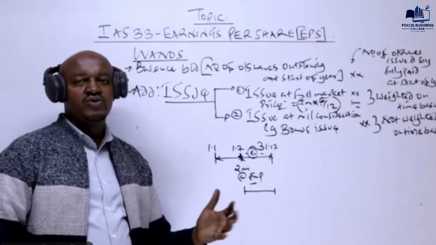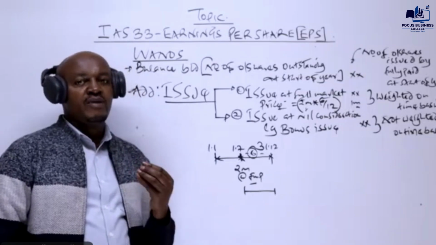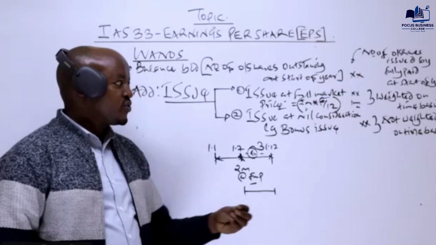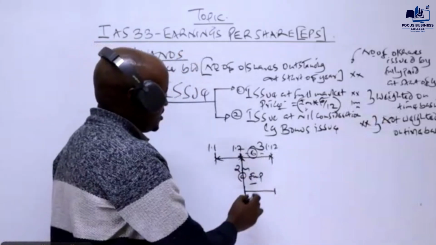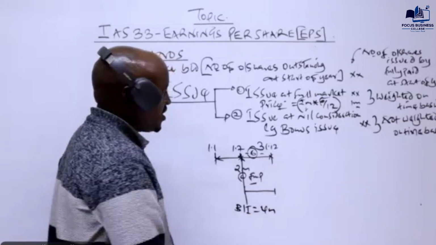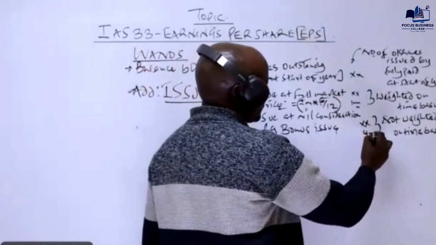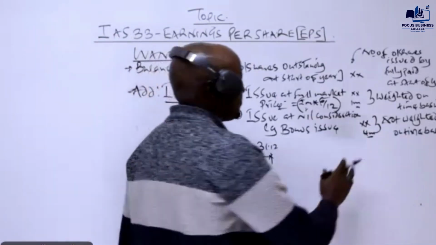They will be entitled to share the profit for the whole year. That's why those shares are not supposed to be weighted on time basis. If you are told that 6 months to the end of the year the company made a bonus issue of 4 million ordinary shares, you bring them here as 4 million. We don't multiply them by the proportion of time they were held during that year.